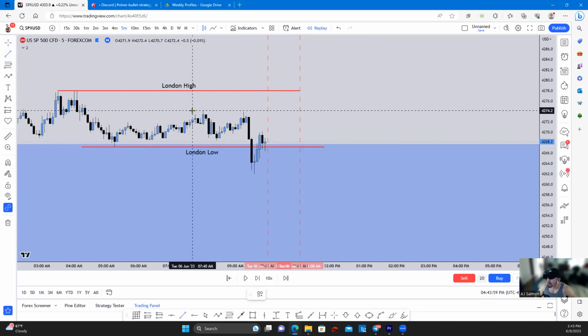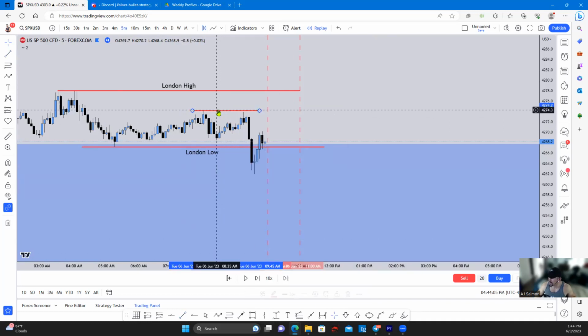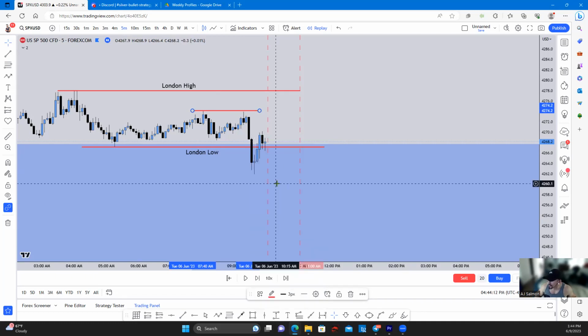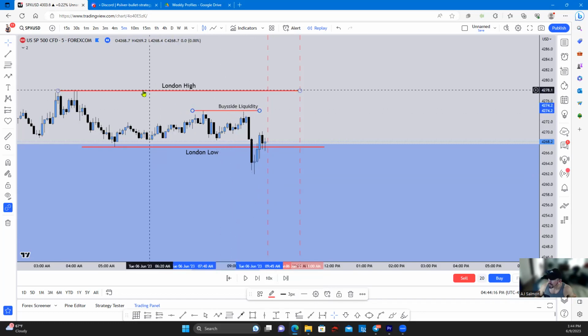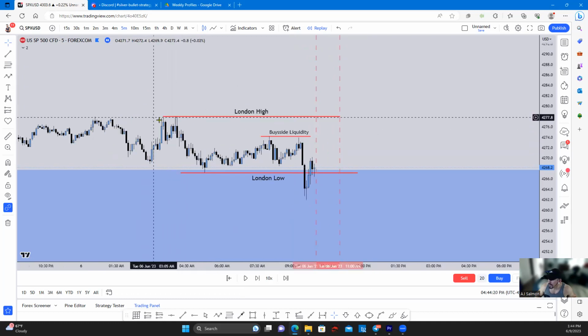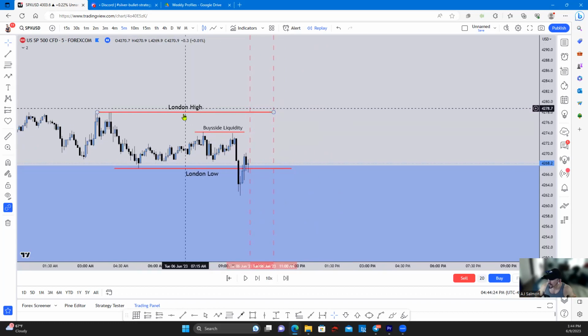And again, if you see here, you have relatively equal highs. So this would be considered a form of internal liquidity because you are on a smaller time frame. So this is still buy side liquidity, but this is the 5 minute. And then your semi-external liquidity would be London high. See how we have equal highs there. So this is another form of buy side liquidity.